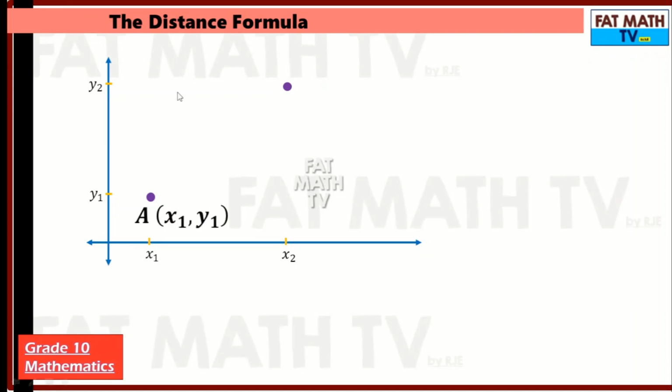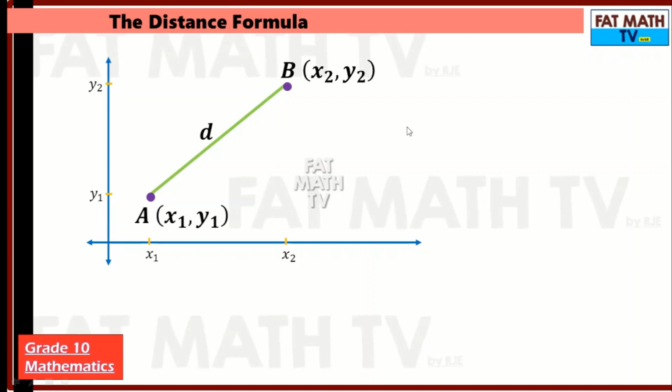Let's call this point A, with coordinates x sub 1, y sub 1, and this one point B, with coordinates x sub 2, y sub 2. What is the distance between these 2 points A and B if we are given the coordinates? This green line is the distance. Let's write it as D.